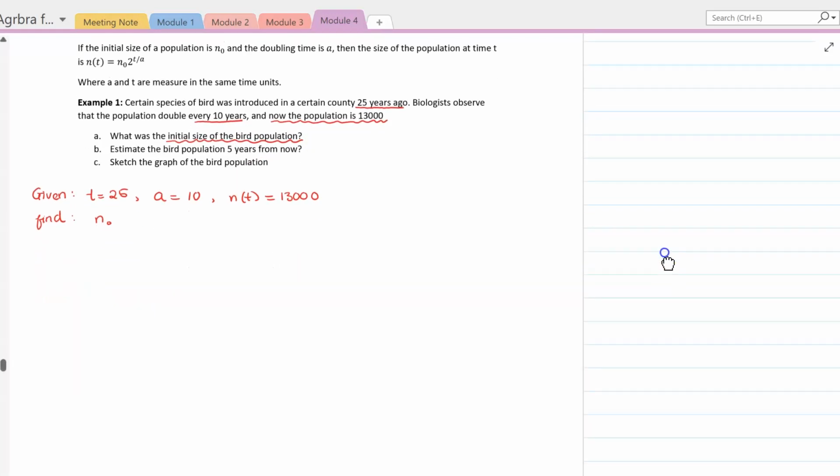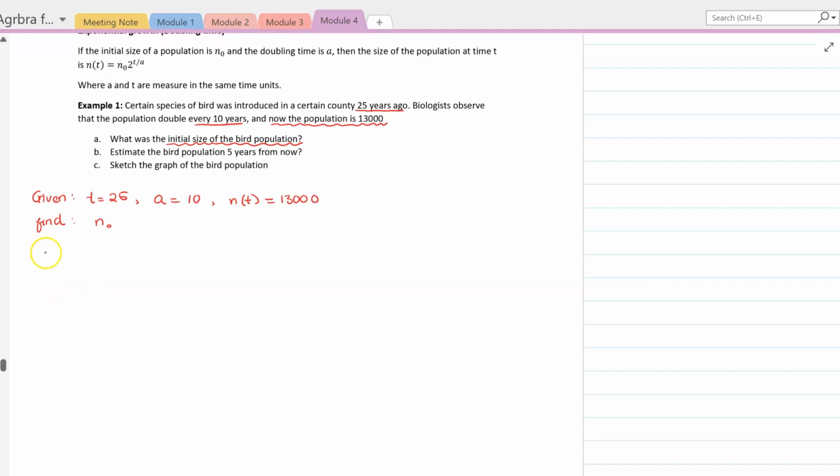So let's go ahead and use this formula that we have. We know n of t equals n0 times 2 to the t divided by a. So then we have 13,000 equals n0 times 2 to the 25 divided by 10. Let's simplify this. 25 divided by 10 is 2.5.